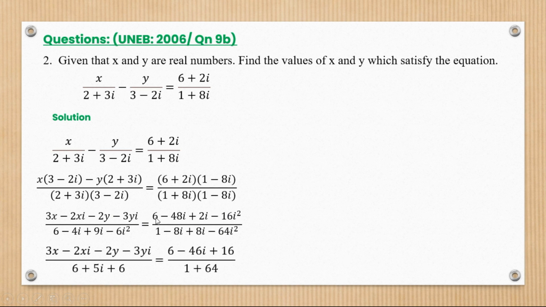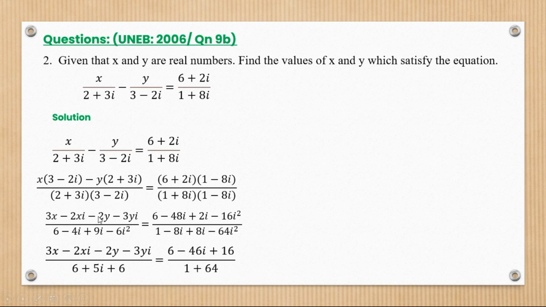As you can see, I have negative 48i plus 2i, which will give me a negative 46i, and then also this i squared is equal to negative 1, so we end up having a positive 16. So right at the bottom also you can see that this and this cancel, and then i squared is equal to negative 1. So negative 1 times this negative is a positive, so we end up having 64 plus 1, which is that.